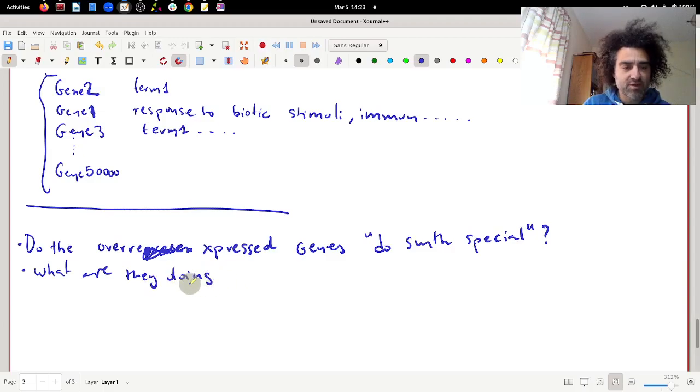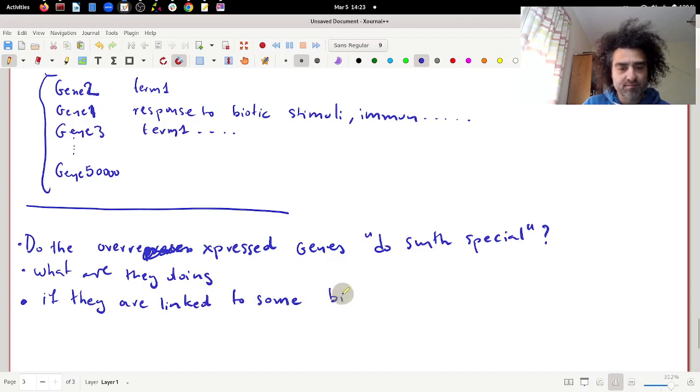More specifically, what we want to answer is if they are linked to some biological terms more often than what we expect by chance.